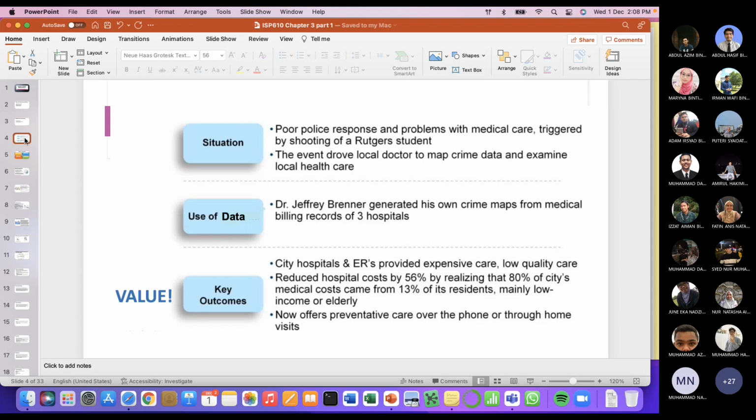For example, here the hospital uses all the information in offering new services to the local community. So those are the things that analytics can help the company or the organization. That is the recap.